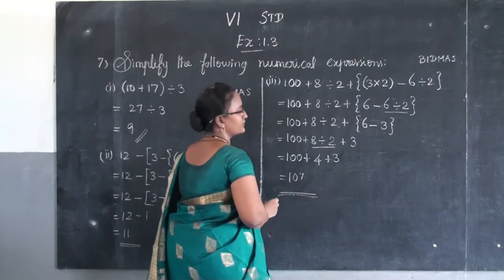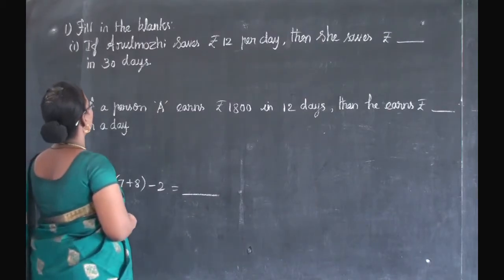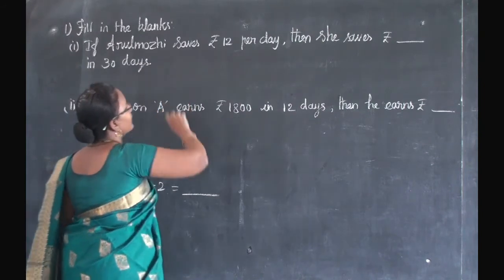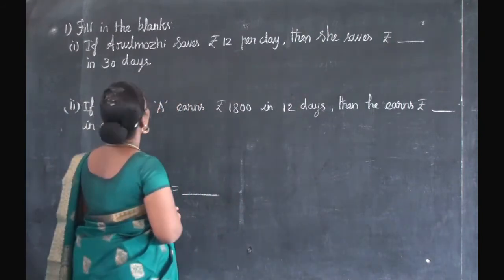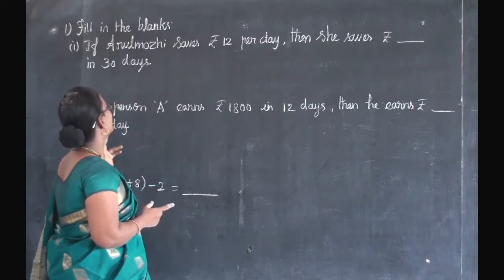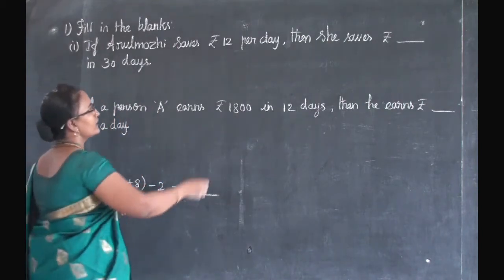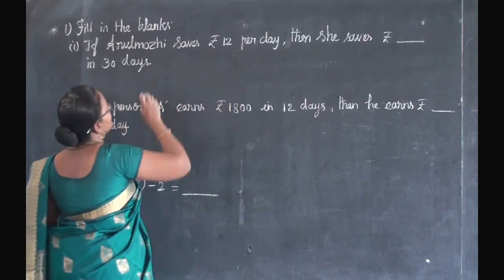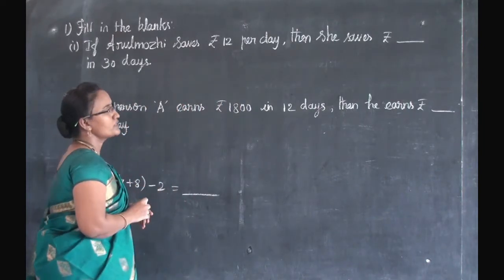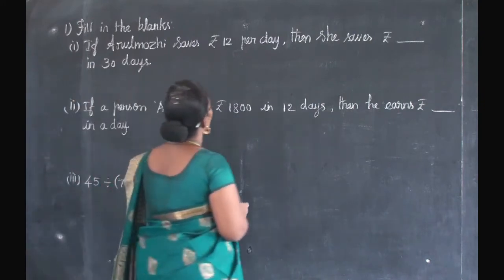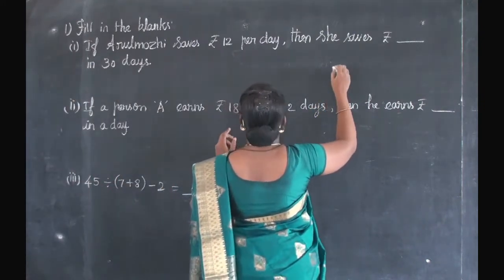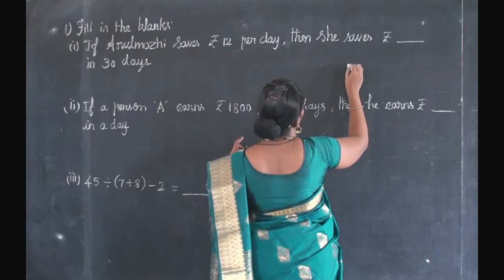That is the answer. Now the first one, fill in the blanks. If Arunmozhi saves rupees 12 per day, then she saves rupees dash in 30 days. Per day is 1 day. She saves 12 rupees, means in 30 days how much does she save? That means multiply the numbers.